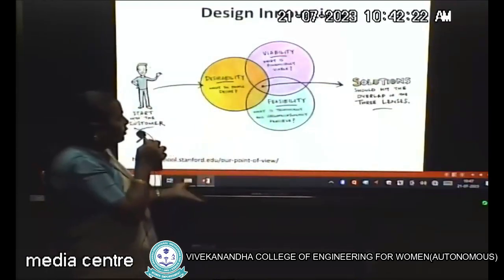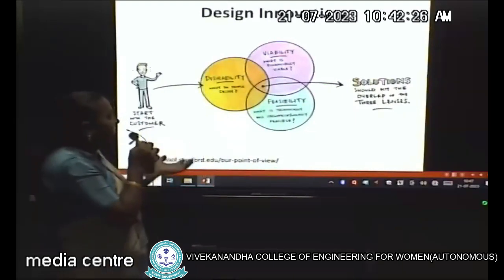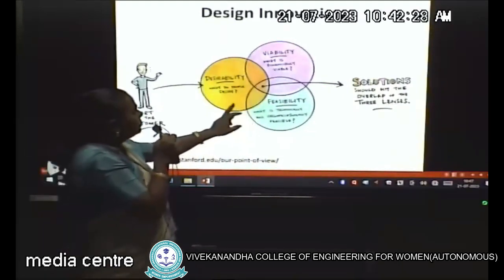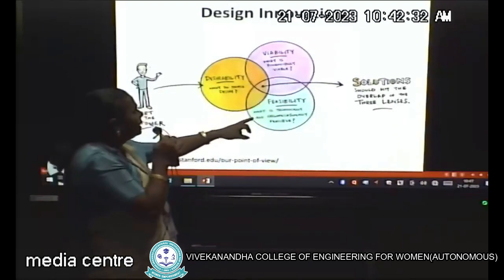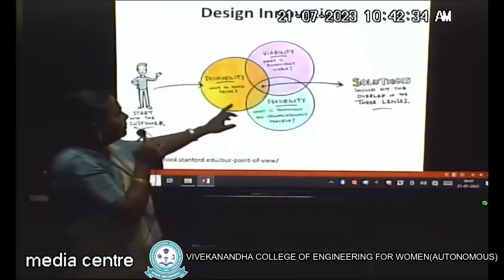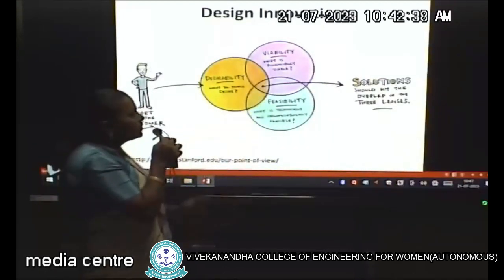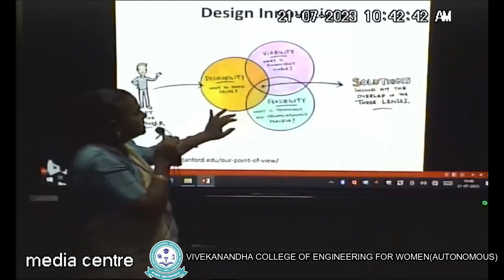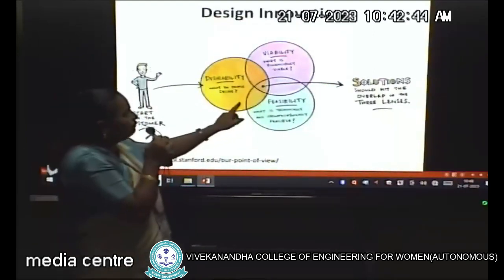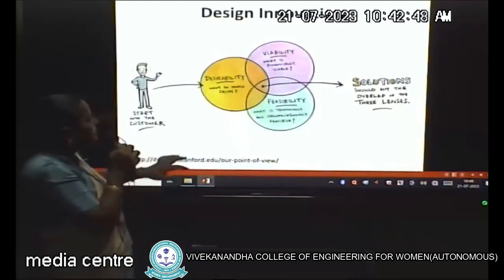Feasibility means whether it is technically and organizationally feasible. We give importance to these three things while solving the problem. The center point is called the solution. It should hit the overlap of the three lenses. So this is the design innovation of your design thinking process.